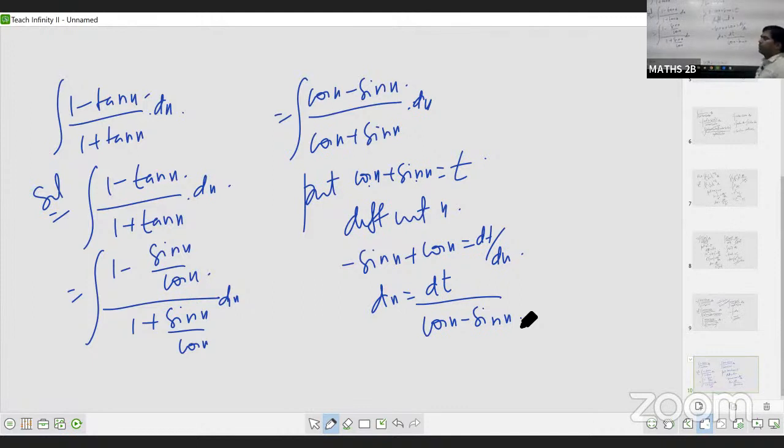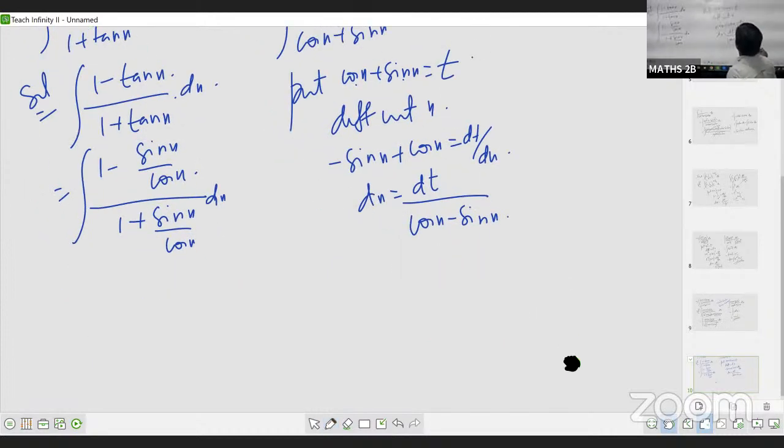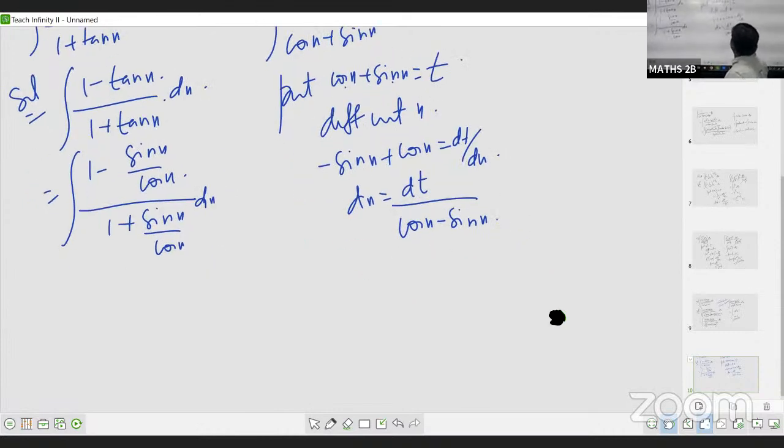dx equals dt by cos x minus sin x. Now replace it.